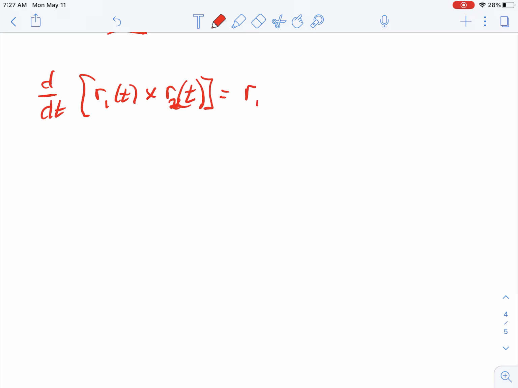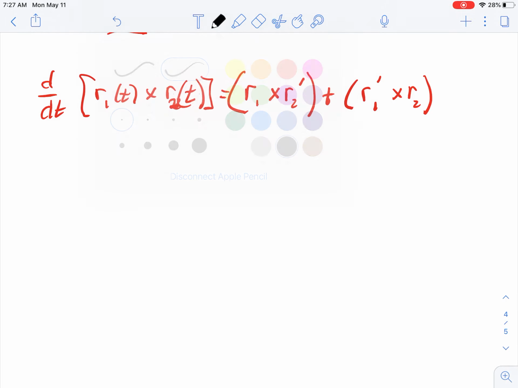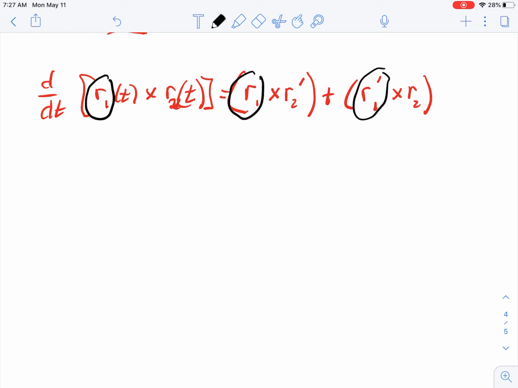We're going to be doing r1, and we're going to leave the times out here, cross r2 prime, plus r1 prime cross r2. So it's like a product rule, but now remember, the order matters here. Notice it's first and first. You can't switch those around.